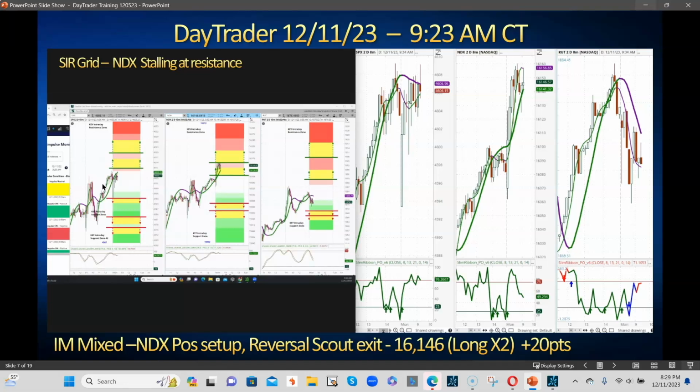It's not so bad. And you can see in here, looking at the SIR grid, the NASDAQ is stalling at resistance, and it didn't get into that next acceleration zone. So I feel okay about this being an exit based on what it's telling. Remember, we're using 2 reversal scouts in here. One is a trend and one is timing, is really what I'm using that for.